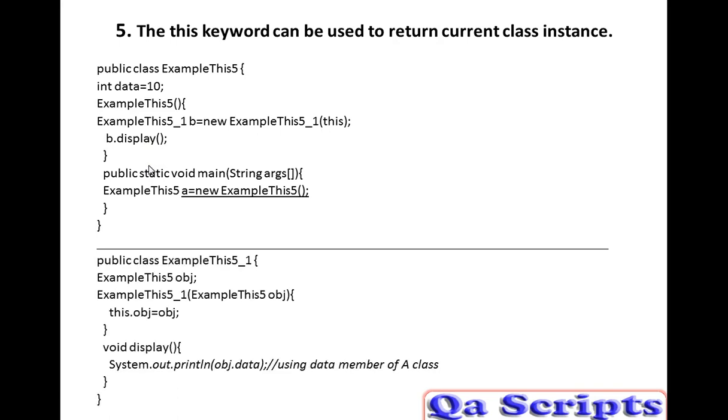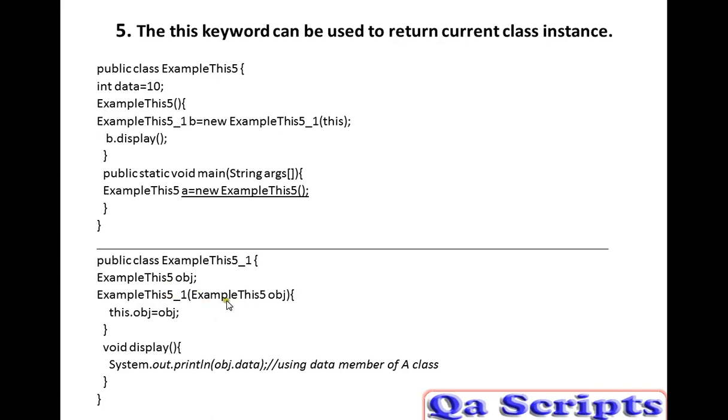Let me have that piece of code also here. So here is the example. Example_this_5_1 is the class name, and here I have one object definition. Then I will create one constructor. Sorry, this is not the default constructor, this is a parameterized constructor.